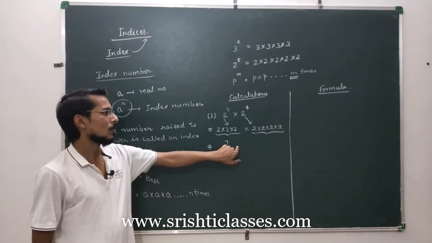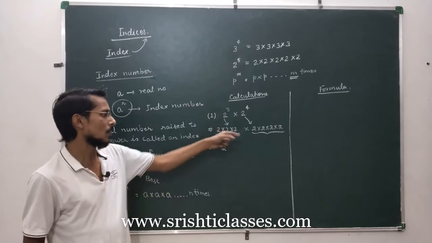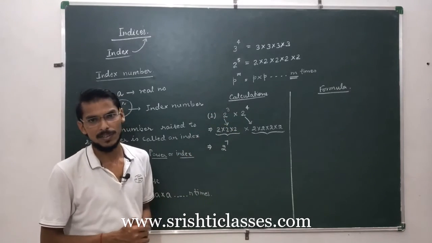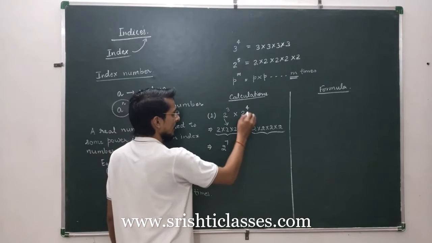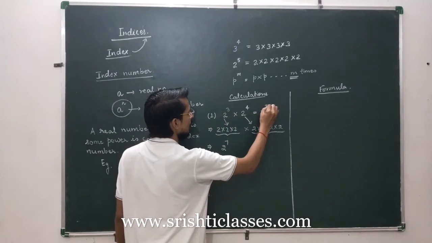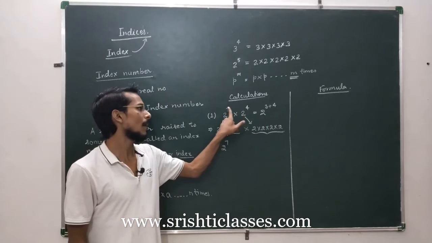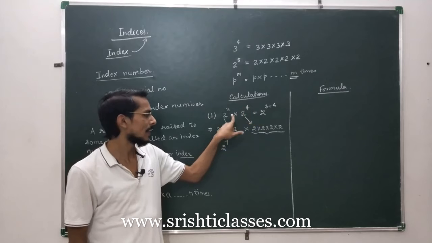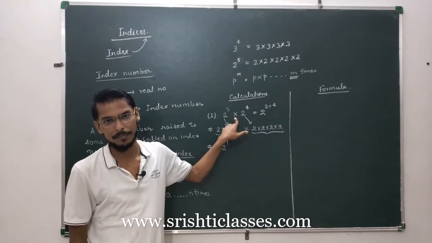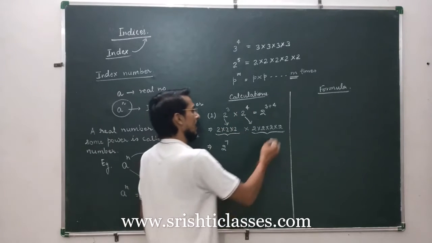Okay. So the simple formula for this whole expression will be 2 raised to the power 3 plus 4. It means if the base are same, then powers are added if there is a multiplication sign between them. So we can write a formula.